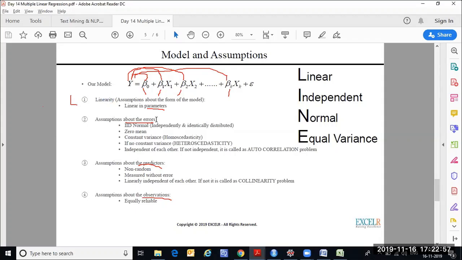The second one is assumptions about the errors. This is the most important section. So what are the properties that errors need to follow? They need to follow IID properties. IID is nothing but independent and identically distributed. What do you mean by independent?